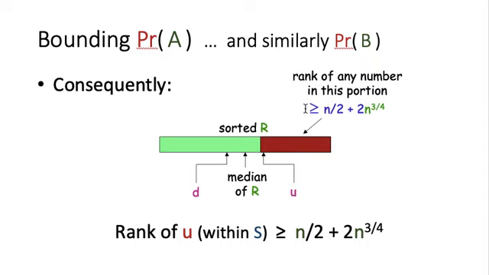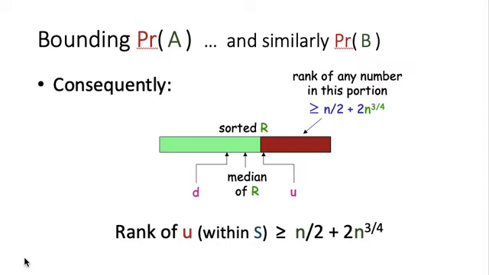Here the red portion represents the numbers having rank larger than or equal to n over 2 plus 2 times n to the power 3 over 4. These are very large rank numbers, and we need to have many of them so that U will also have a large rank. Intuitively, this is unlikely. Large rank numbers should only be a small portion rather than a large portion.